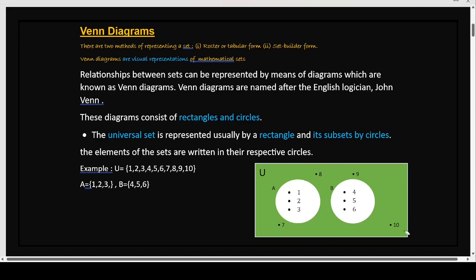This is how you represent the elements of sets. Once again, the universal set is represented by a rectangle, and its subsets are represented by circles. The elements are written inside them.